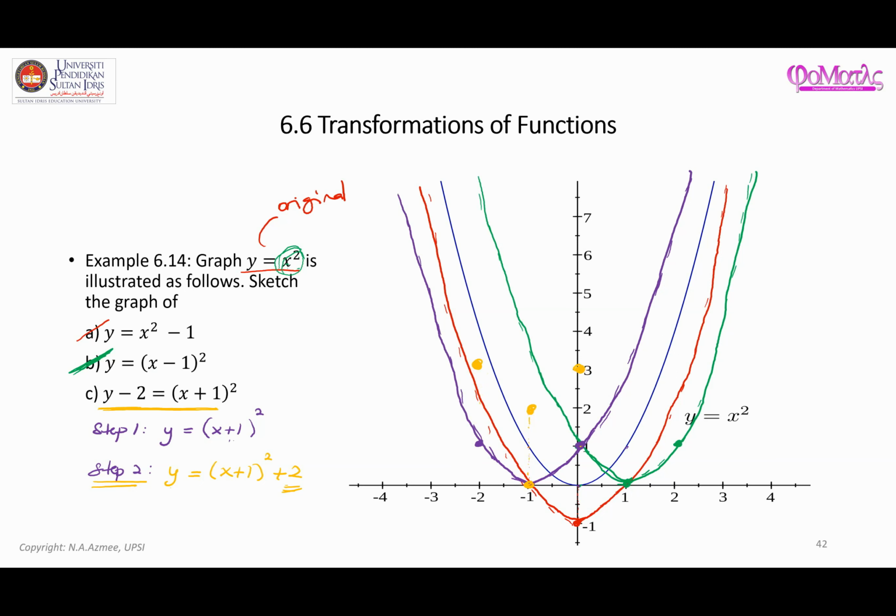Now I'm just sketching this, drawing the solid line that looks like this. So this is y is equal to (x plus 1) squared plus 2, which is this one.